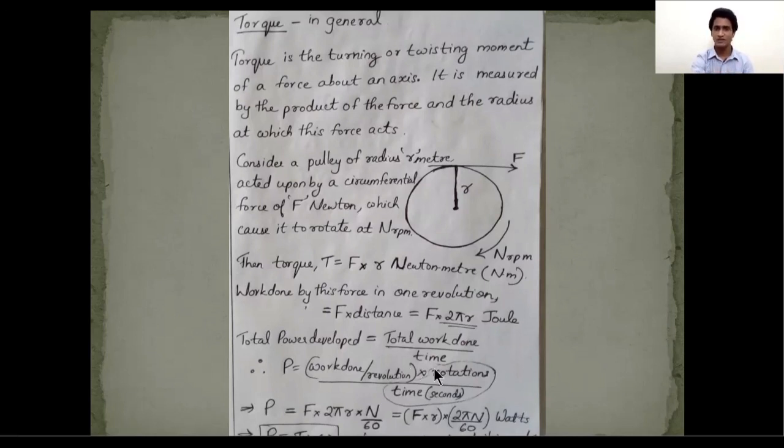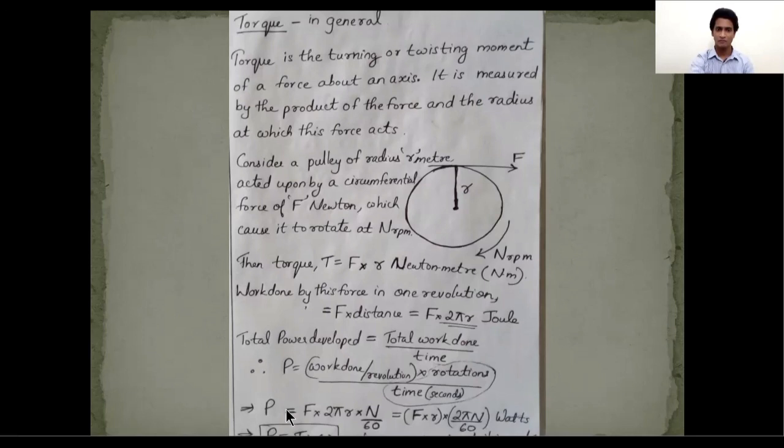Total number of rotations per second is rotations per second. We know N is the rotations per minute of my pulley, then rotations per second is equal to N by 60. So P is equal to work done per revolution into N by 60.